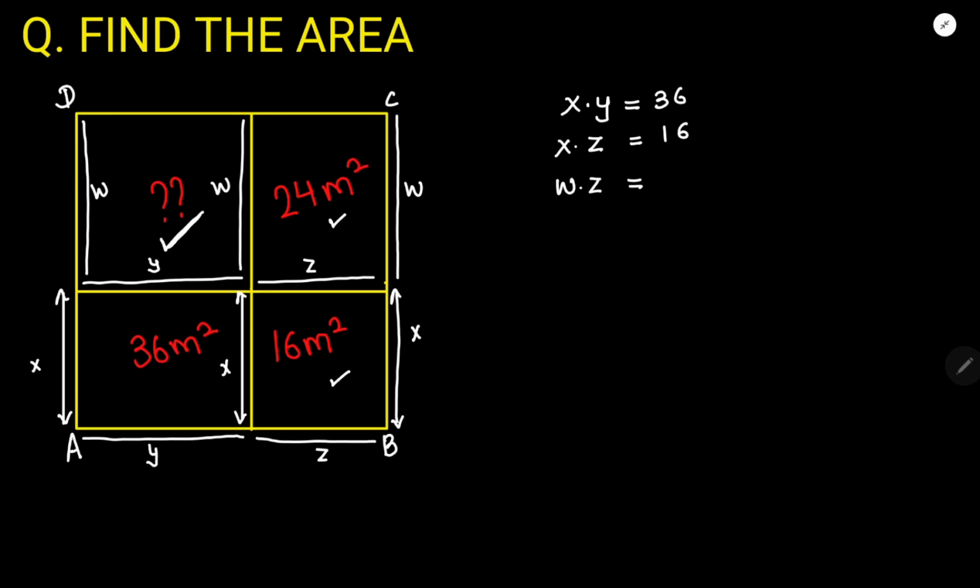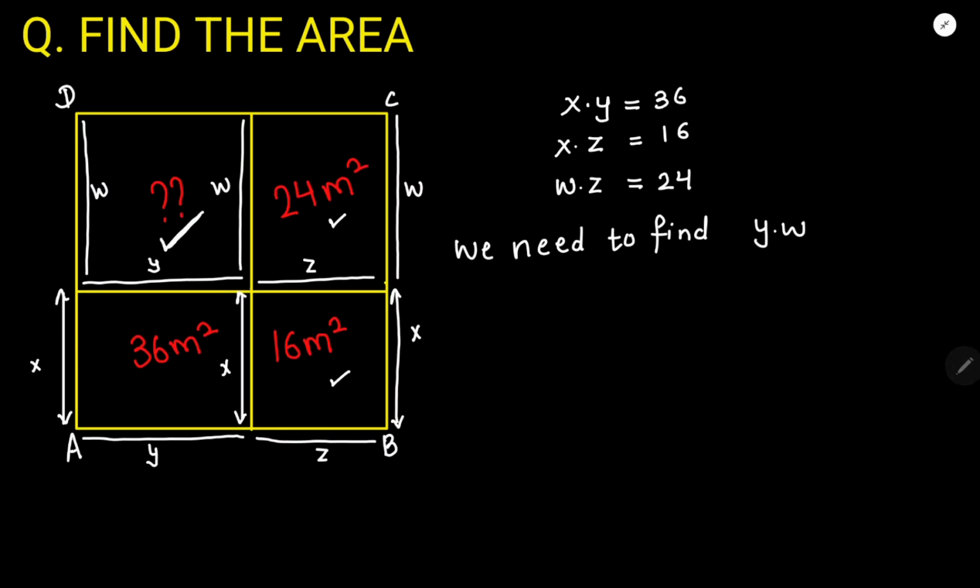Area of rectangle is length times breadth. W times z is 24. We are given these 3 things, and we need to find, what do we need to find here? We need to find y times w, right? Area of this rectangle we need to find, y times w.